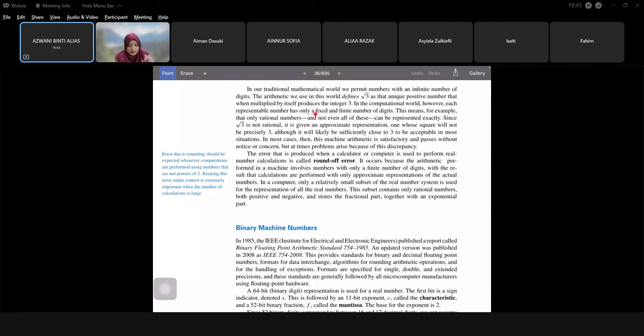This means, for example, the only rational number, okay, rational number ni is one of the ratio number lah. Dia ada pecahan jugalah. Okay, pecahan. And not even for all of these can be represented exactly.